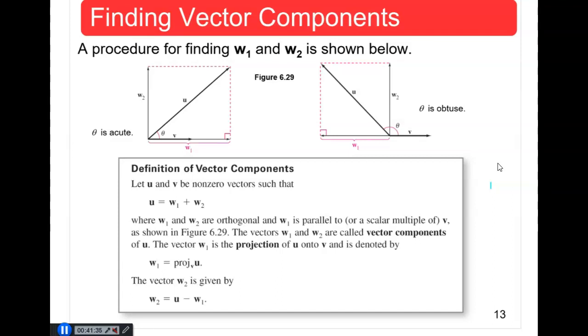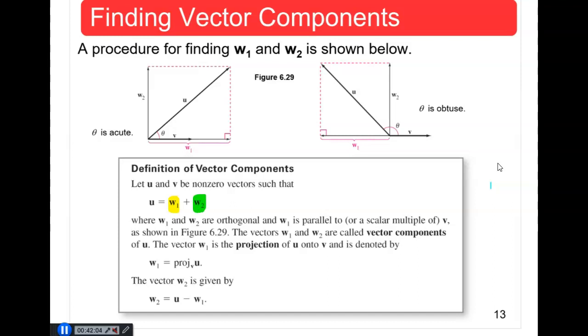So remember that we're decomposing vector u, so it can be broken into two vectors that add together. And also, we want to make sure that those two vectors, w sub 1 and w sub 2, are perpendicular.